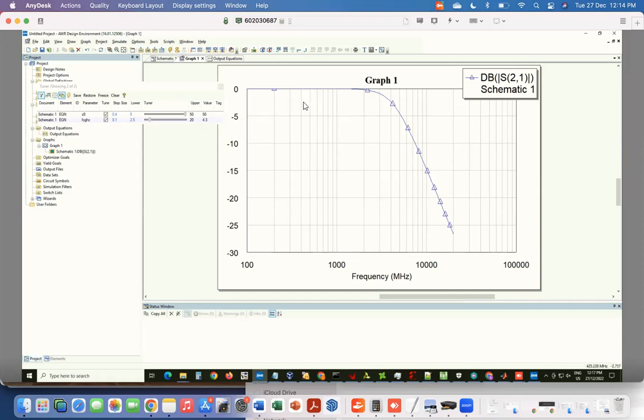This is now a very characteristic shape in this log scale: you see a flat response and then basically a linear fall off, right? So there's a straight line here, and then there's a straight line here. The frequency is in log units.